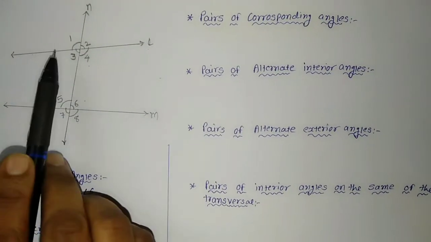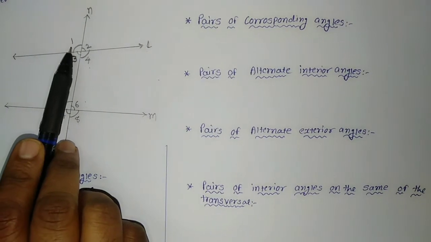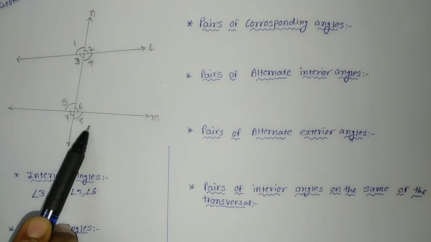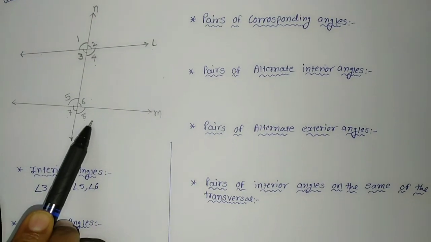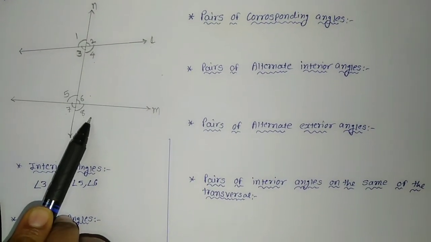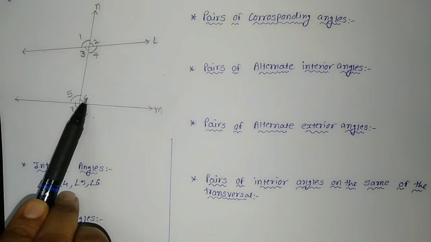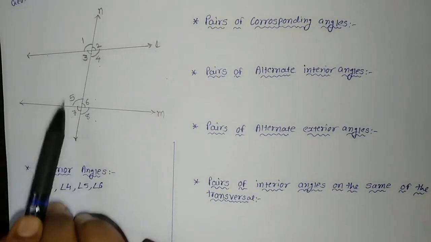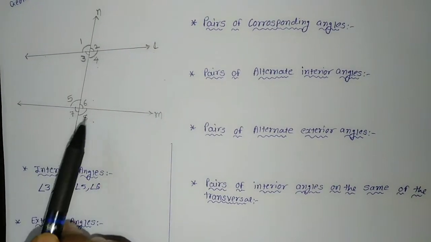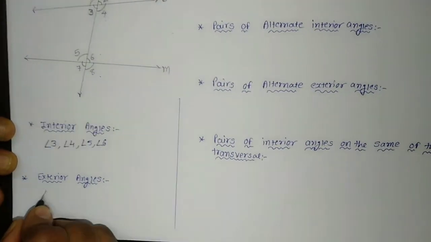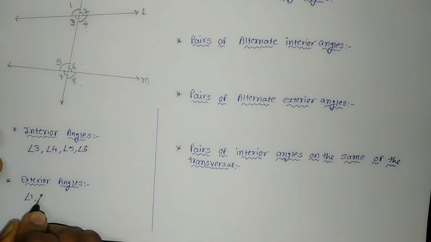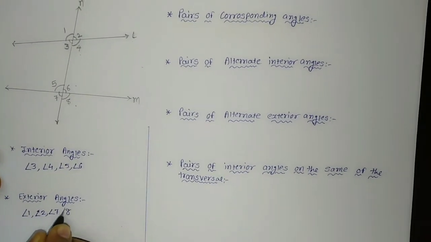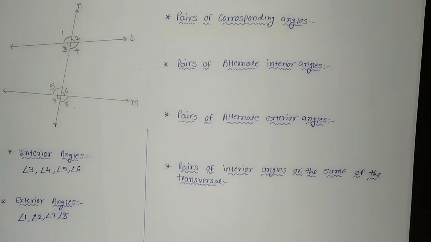By number, you can see 1, 2, 7 and 8 are in the exterior, so they are called exterior angles. Interior are 3, 4, 5, 6 because they are inside these two lines, and these are at the exterior. I will write it here: angle 1, angle 2, angle 7 and angle 8 are the exterior angles.